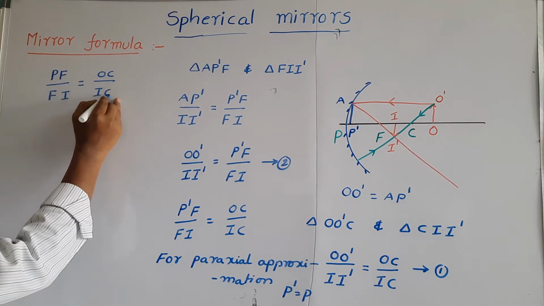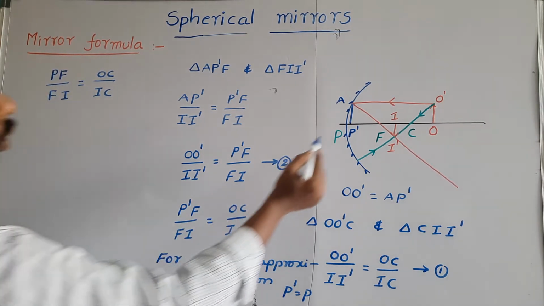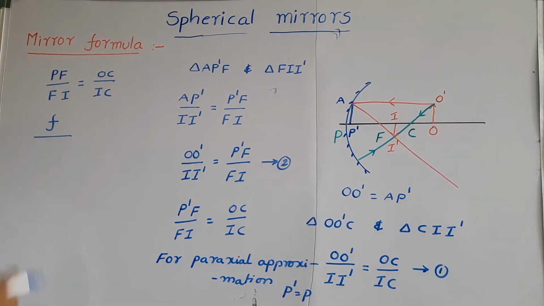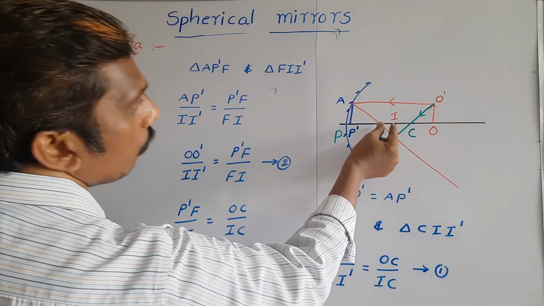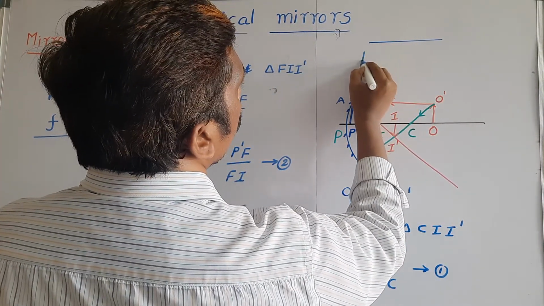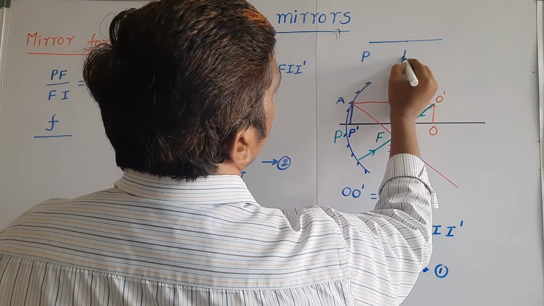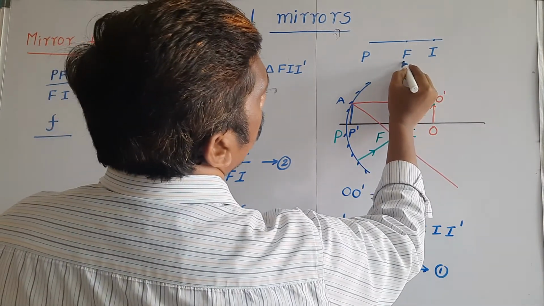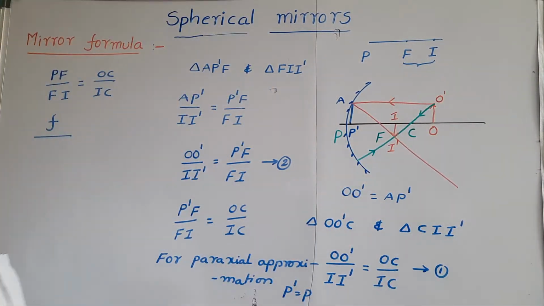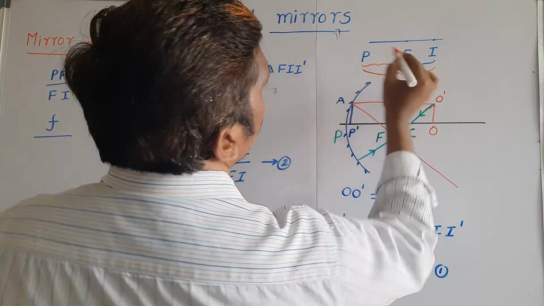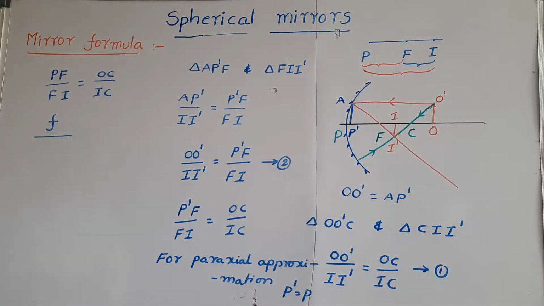We can write PF, pole to focus, which is called focal length f, divided by FI. This FI, if you observe here, this is P, this one is F, and this point is I. We want the FI value, so we write FI like this: PI minus PF gives FI.